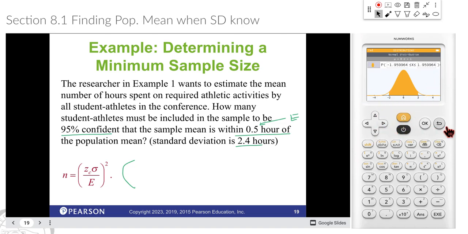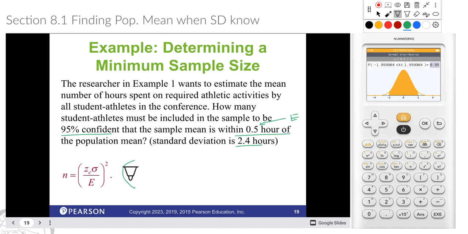So I'll just kind of start over here, make sure that's okay. Make sure you have the between two numbers, and that you put in 0.95. Okay, and you see 1.96, negative 1.96 to 1.96. Okay, so that's our critical value for z.